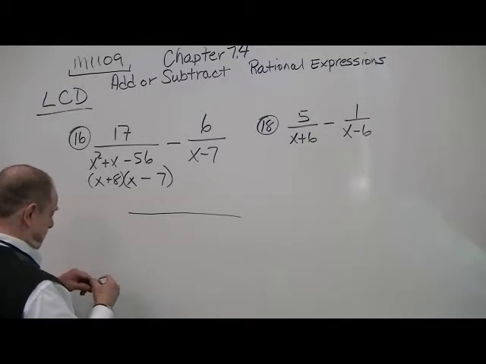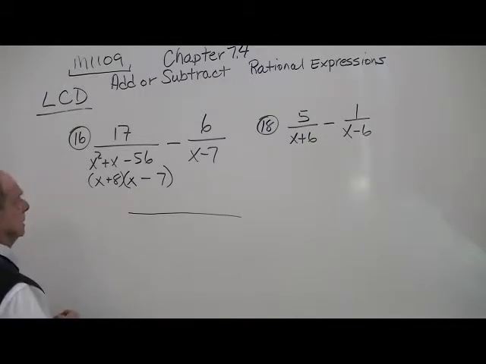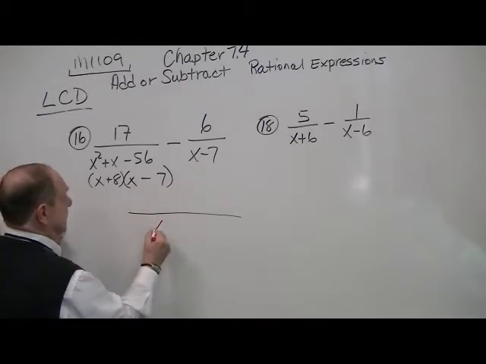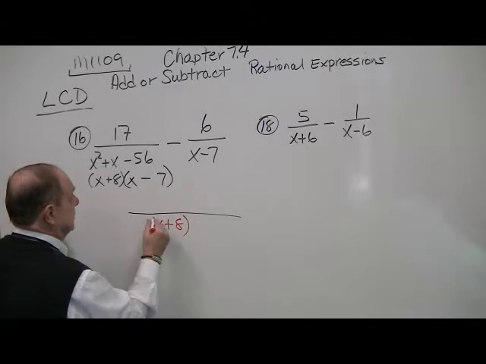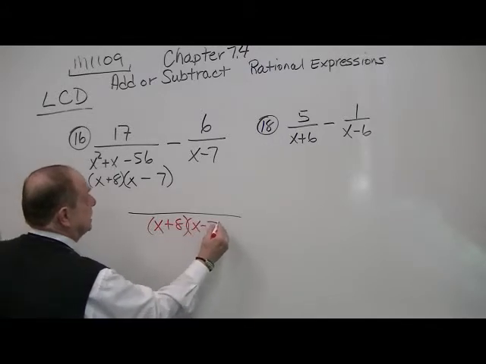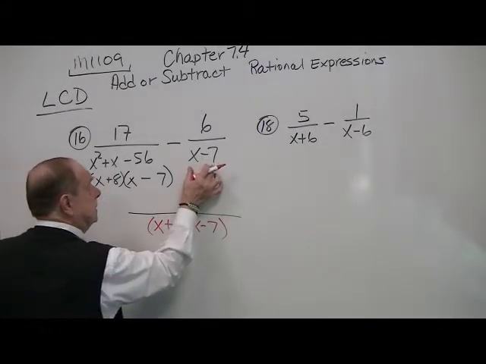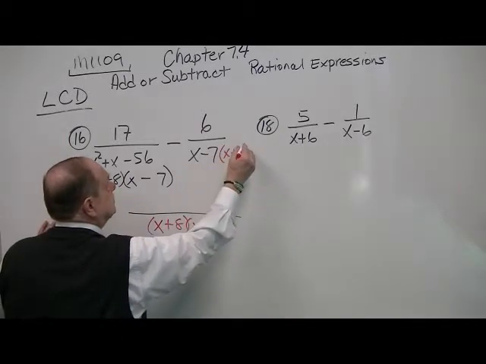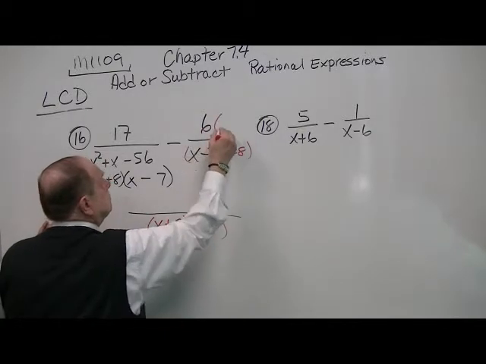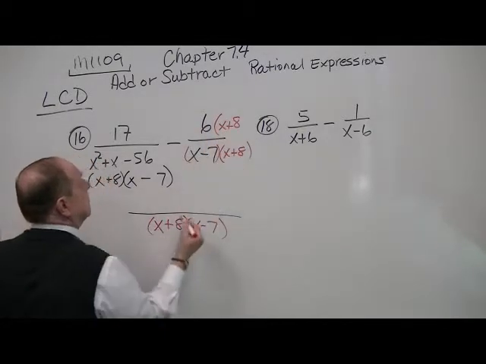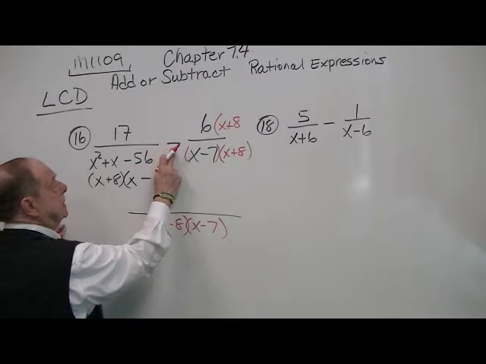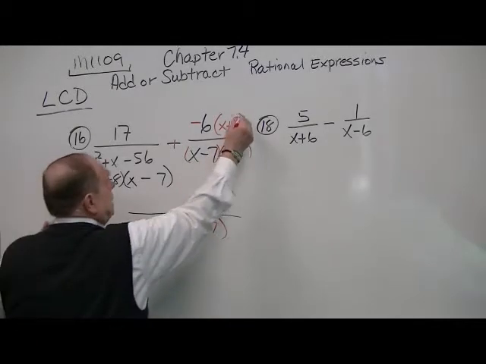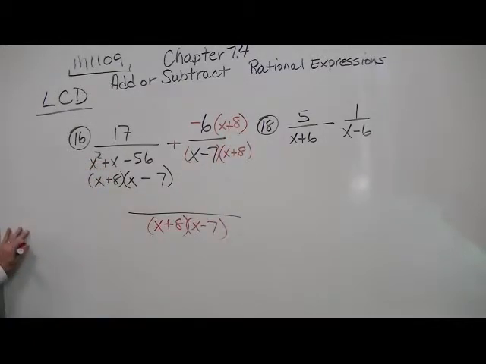So this other side, in order to get this to be our common denominator, which is x plus 8, x minus 7, we're going to need to multiply this fraction by x plus 8. And remember, if the negative sign is here, make this positive, make that negative, and that helps you out a little bit there.